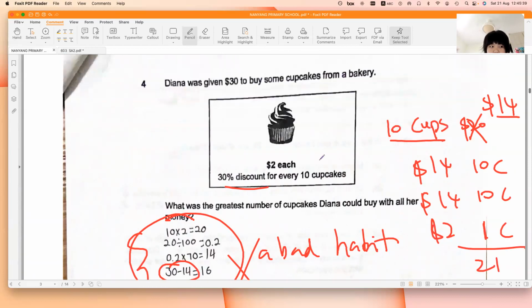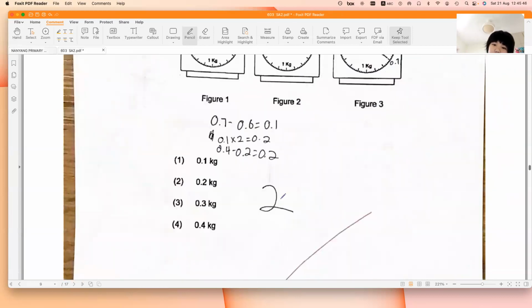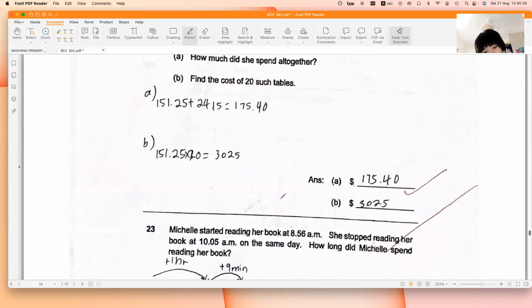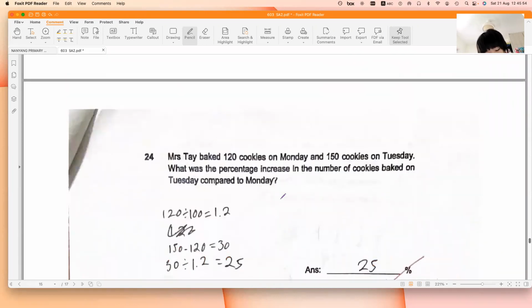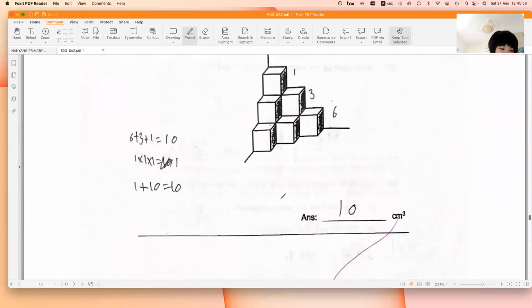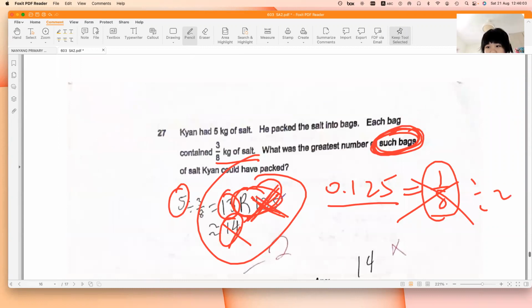This question is very similar to the question we discussed just now, which is here. The correct way to do it is the way I showed you just now. Break it down. The 30 came from the $30 to buy some cupcakes from the bakery. I understand your working of 30 minus the 14, but that's why I say it's a bad habit to do it that way.